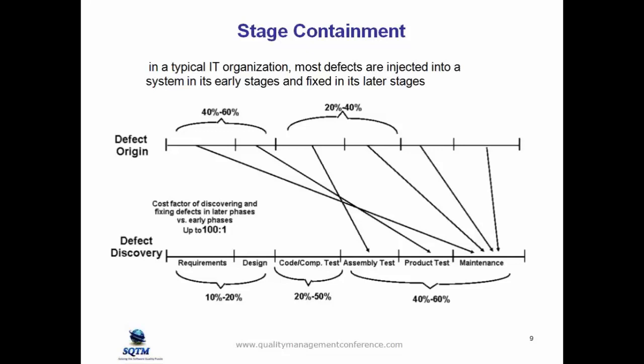Stage containment is when you find the defect either in the exact same phase that it originated in or just one after that. So those lines going from origin to discovery should be almost vertical if you have good stage containment and if you are employing very good defect prevention techniques.